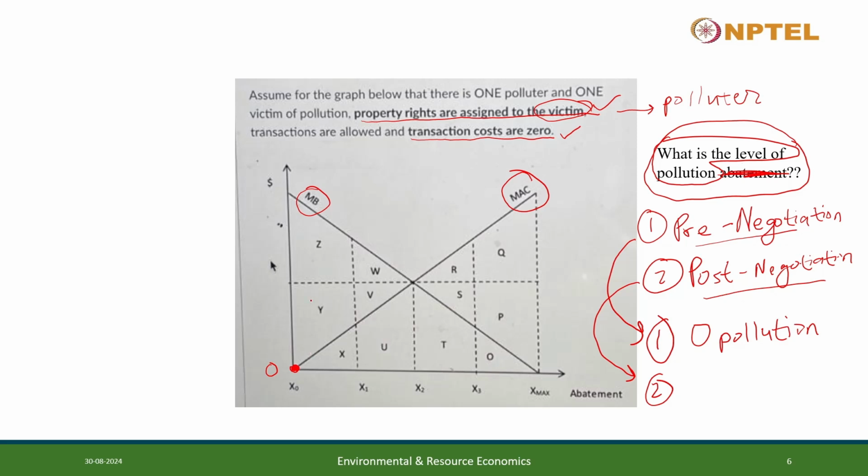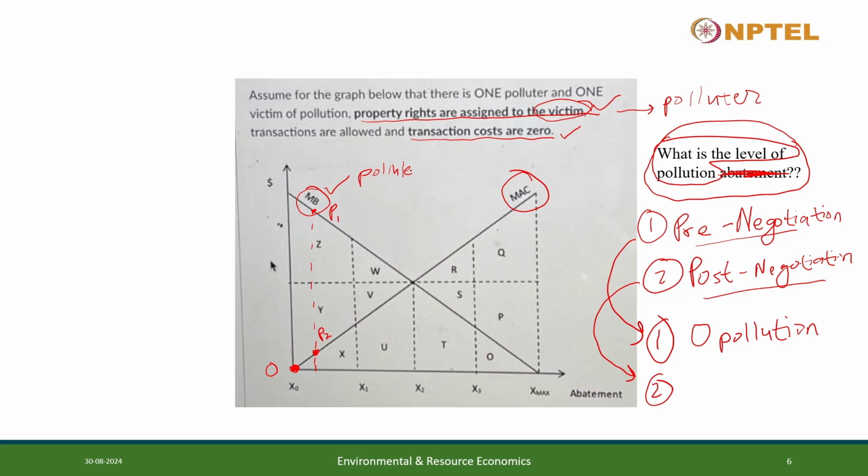But let's say the marginal benefit for the polluter is very high at the point I am drawing here, but the marginal cost of abatement is this much only. So I'm writing point P1 and point P2. P1 is the benefit point and P2 is the cost of abatement.